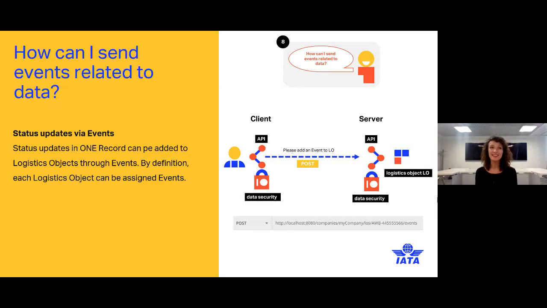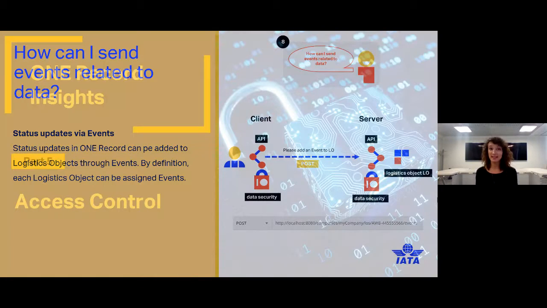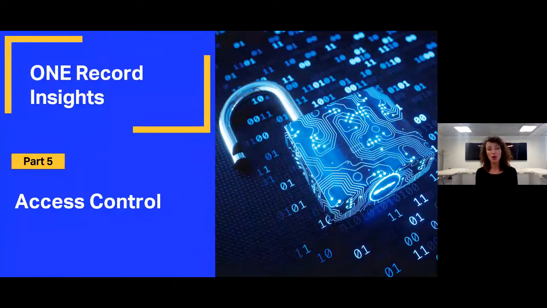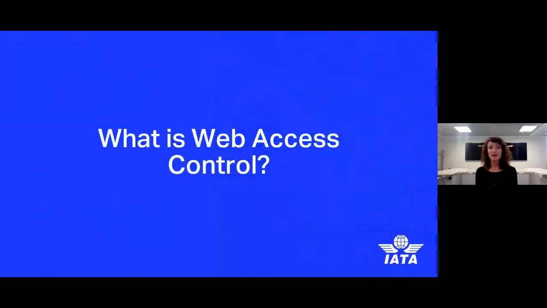Okay, so let's go to the next topic, which is the access control, which is a bit more complex, let's say. For that, we have used what we call the web access control. And before getting into the details on how we do it in One Record, let's first find out what is web access control.